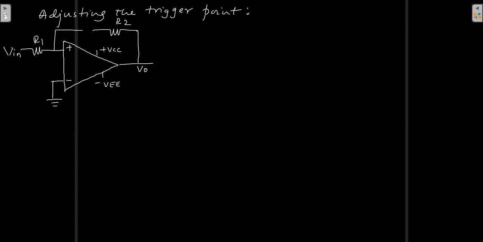Please try to draw this circuit as many times as possible. Do not get bored, it gives you a lot of good practice. Now what should I include here? A diode. The diode D is connected in series with R2.